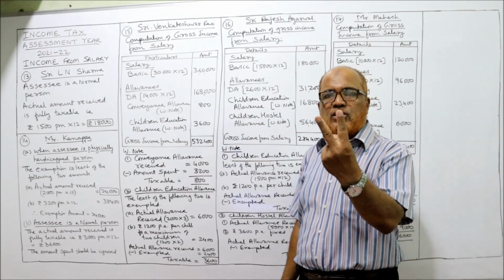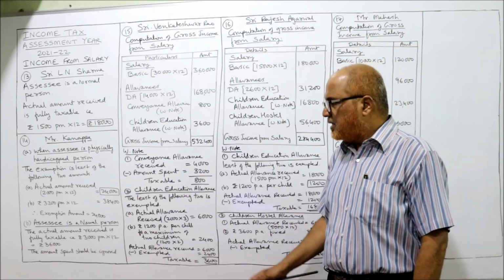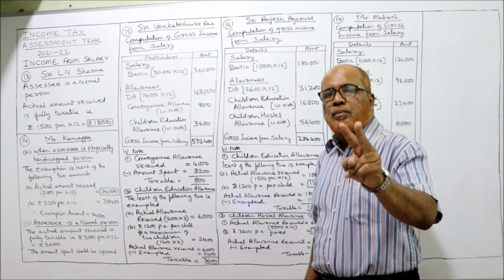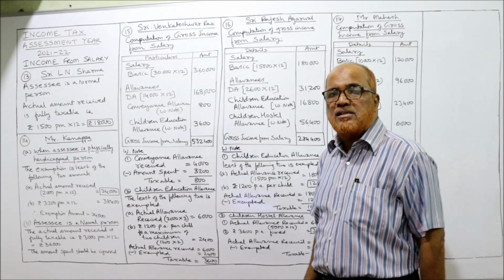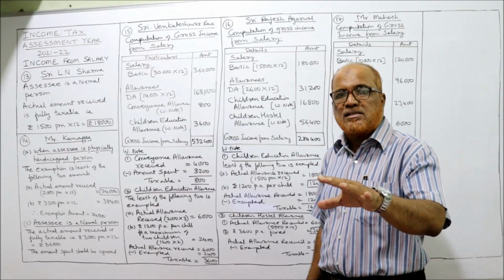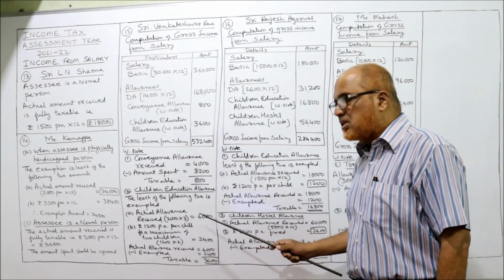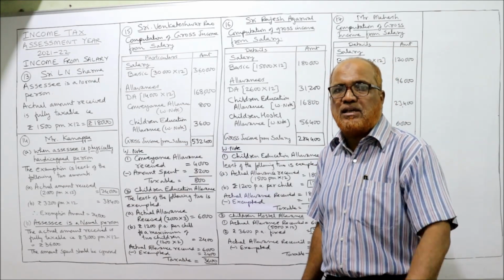The least of the following two amounts is allowed as exemption. Which is the least? The actual amount received, 2,000 rupees per annum per child. The employee has received for 3 children, so 2,000 into 3, 6,000 rupees children education allowance the employee has received.